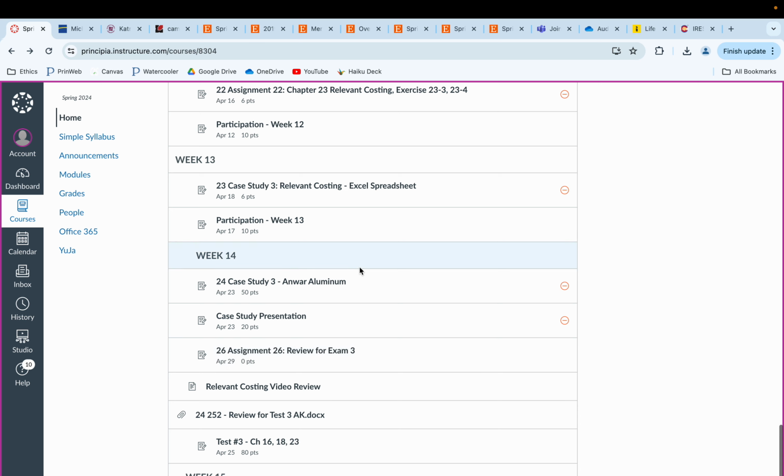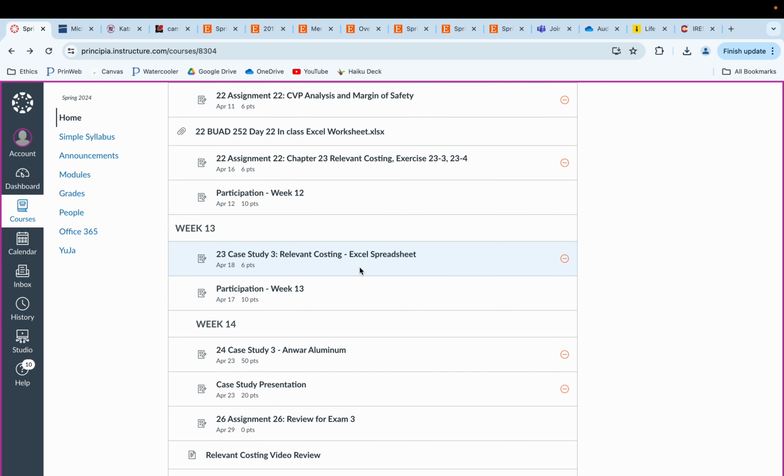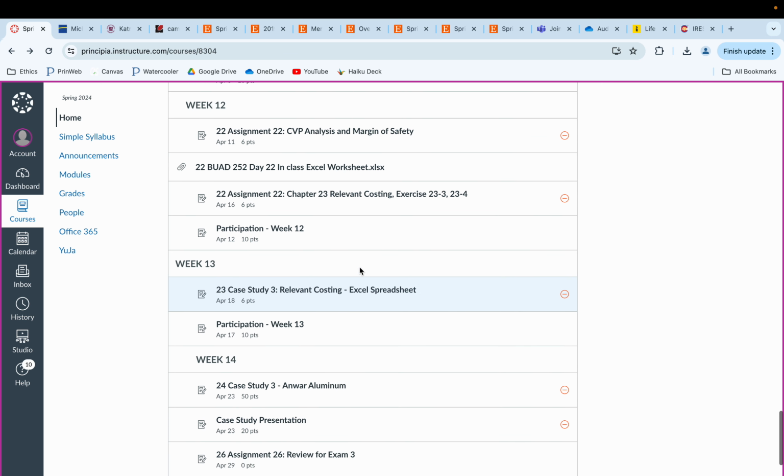And then basically you have 4 days of slides. The thing about test number 3 is that you can create a notes sheet that you can use for the exam. 1 8.5 by 11 sheet of paper, both sides, and you can put in whatever you want.